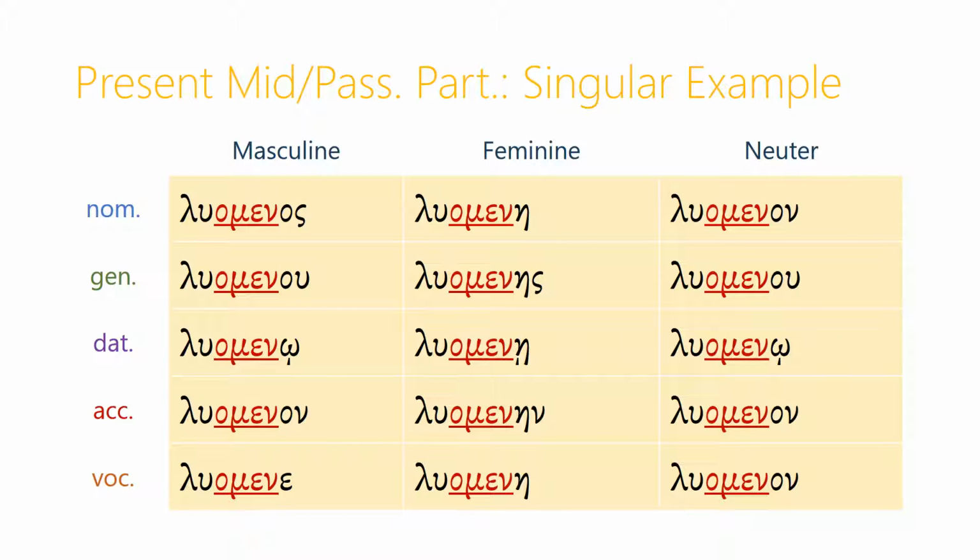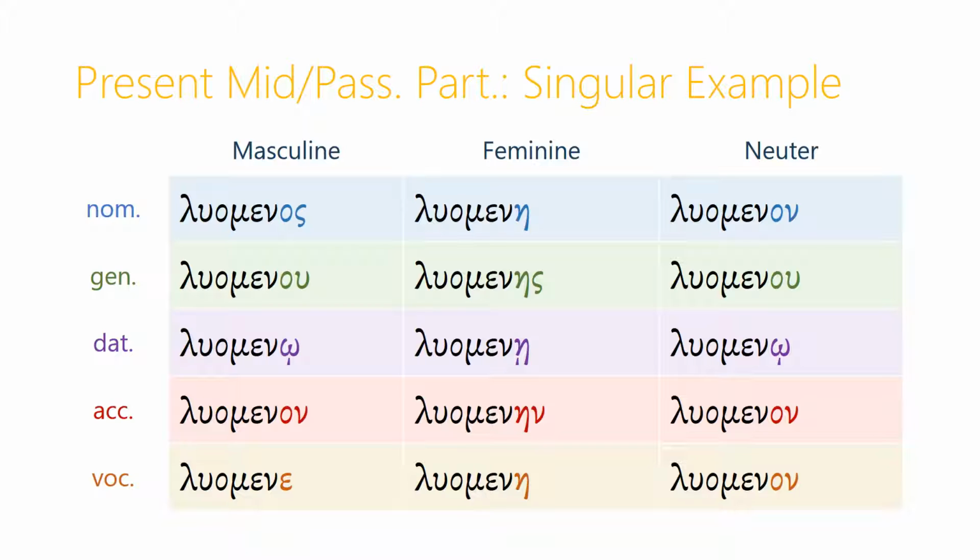Here we find a very highly regular set of forms. All across the board in the singular, we have the omicron connecting vowel with the men middle passive voice indicator. So omen is what we put on the end of the stem for every one of these singular forms. And then after that, we just add our regular noun case endings. The one thing to remember, again, is that in the middle passive, we're going to use second declension endings for the masculine and neuter instead of third declension endings.